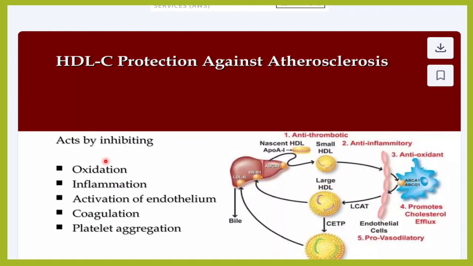So atherosclerosis is inhibited by HDL through various mechanisms. It inhibits oxidation of LDL proteins, it inhibits inflammation, it inhibits the activation of the vascular endothelium, coagulation is inhibited, and platelet aggregation is inhibited.